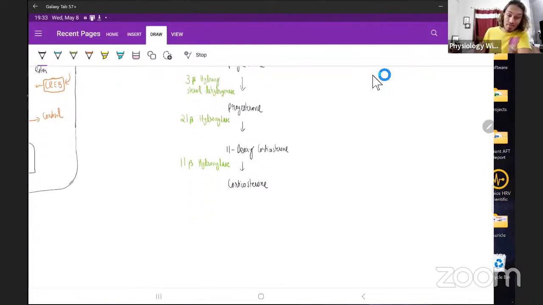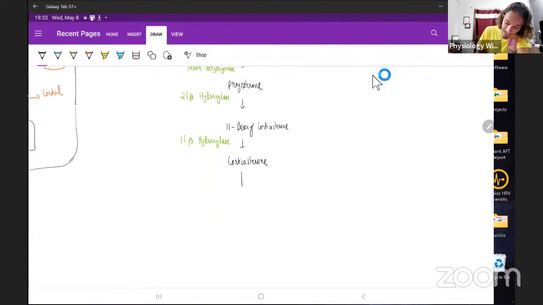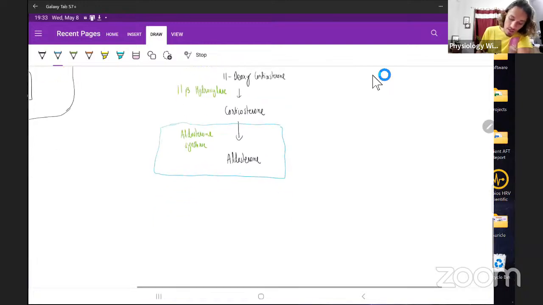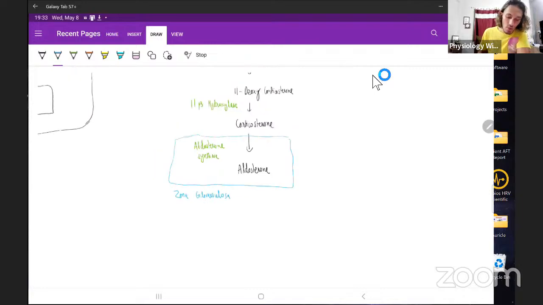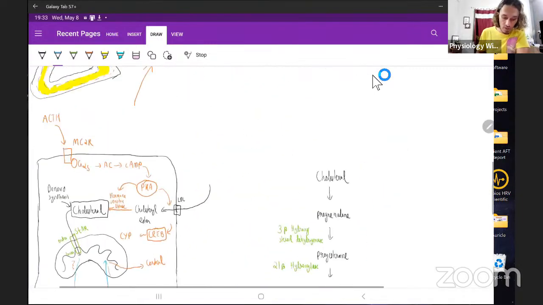Okay, this corticosterone again can be converted to aldosterone, which is done by aldosterone synthase. So mind you, this is done by your zona glomerulosa, this outer part that we were talking about earlier.